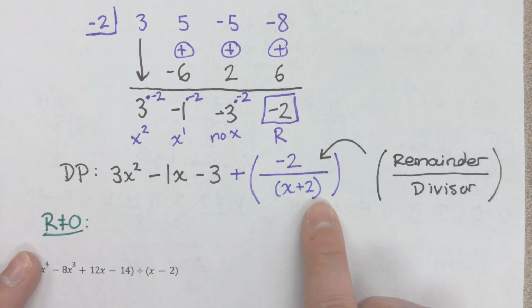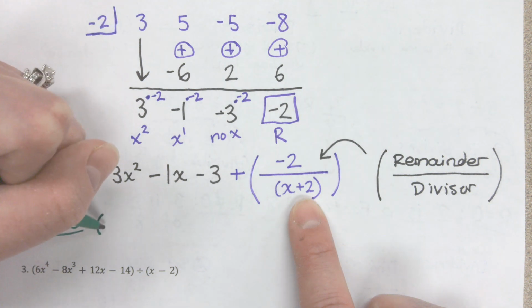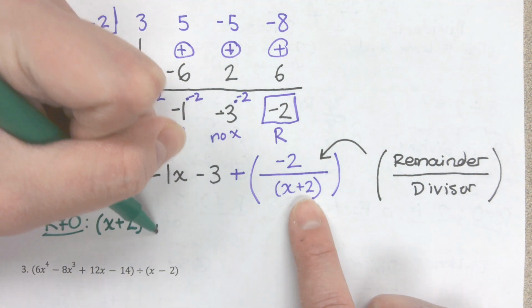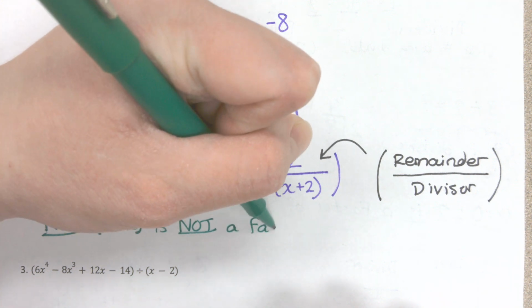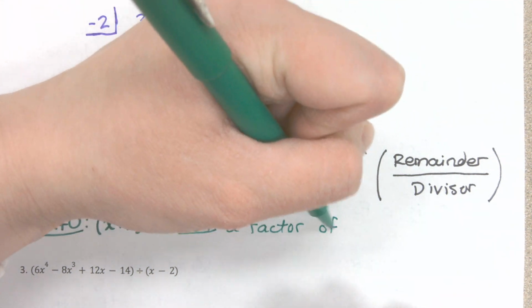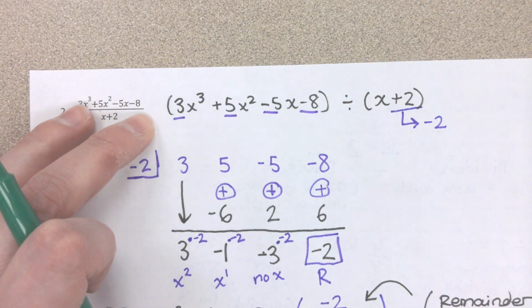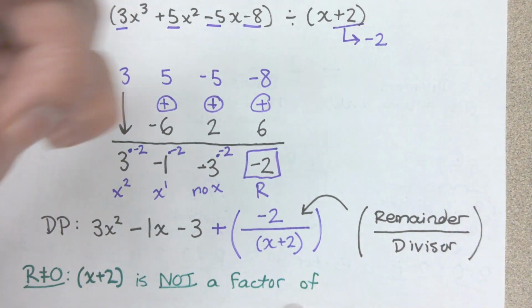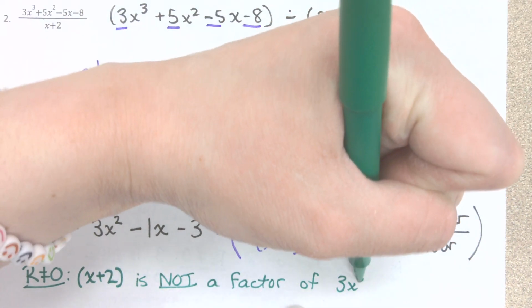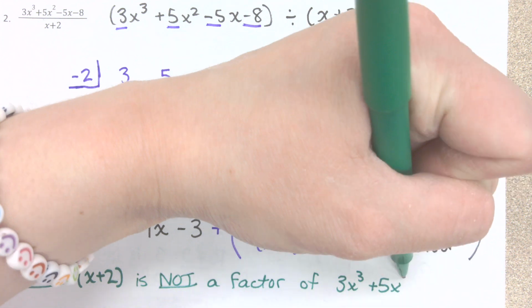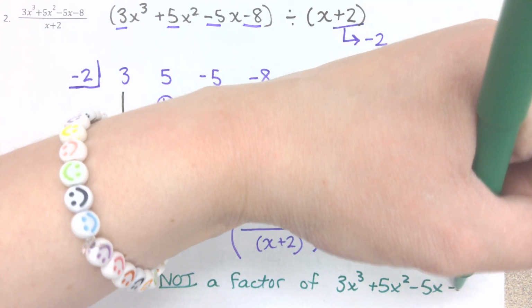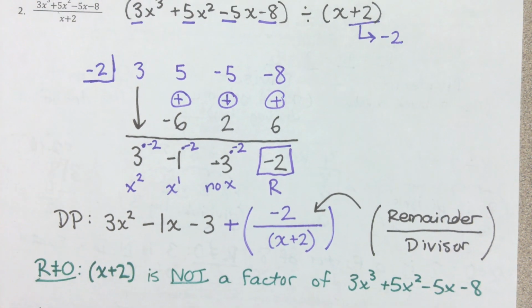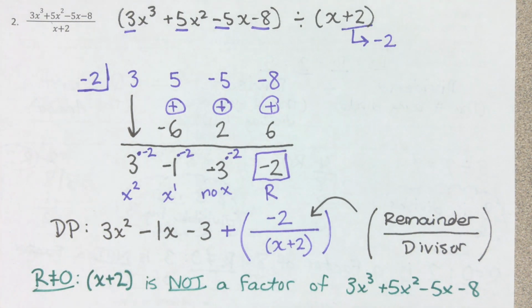Therefore, the divisor, which is x plus 2, is not a factor of the thing that was being divided, so the polynomial above, 3x cubed plus 5x squared minus 5x minus 8. It's not a factor. You can't divide it nicely.